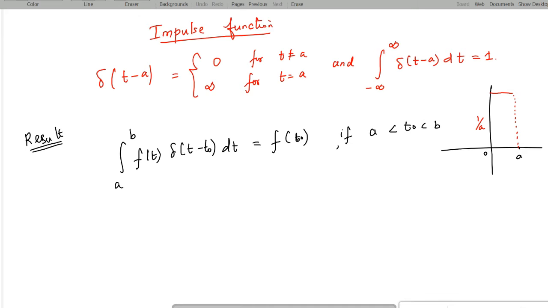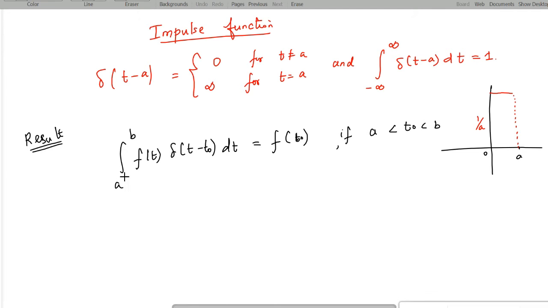This is called the unit impulse function. We can define del t minus a: at t equal to a, the value is infinity; for t not equal to a, the value is 0; and also such that the integral from minus infinity to plus infinity of del t minus a dt equals 1.